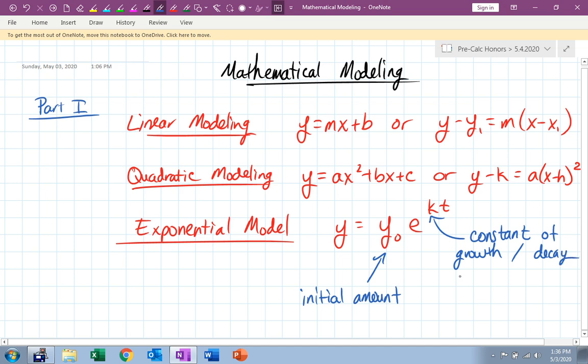It's growth if k is greater than 0, and it's decay if k is less than 0. And t is just time, and we usually do it in years.